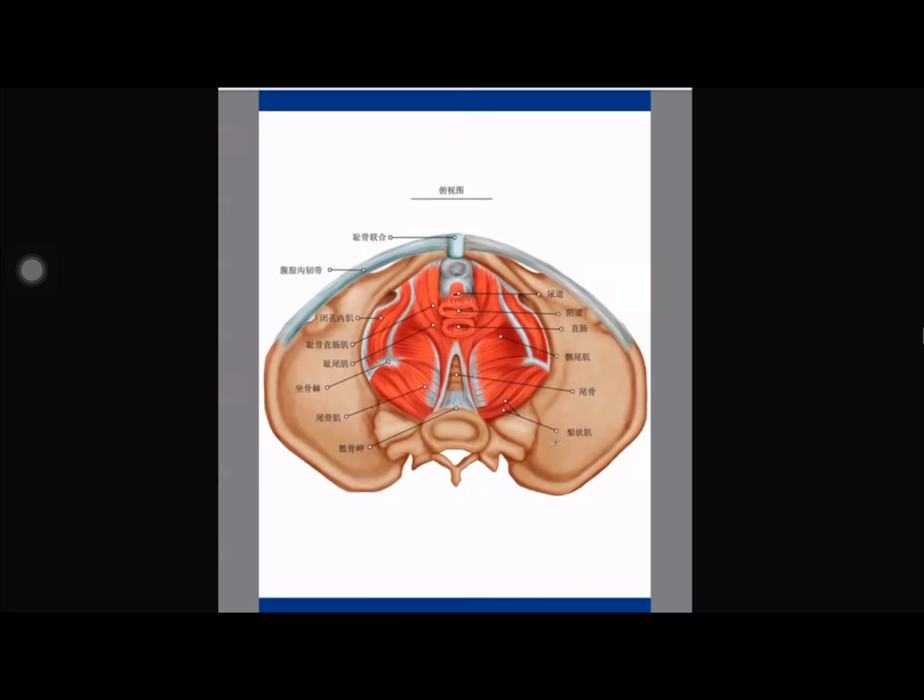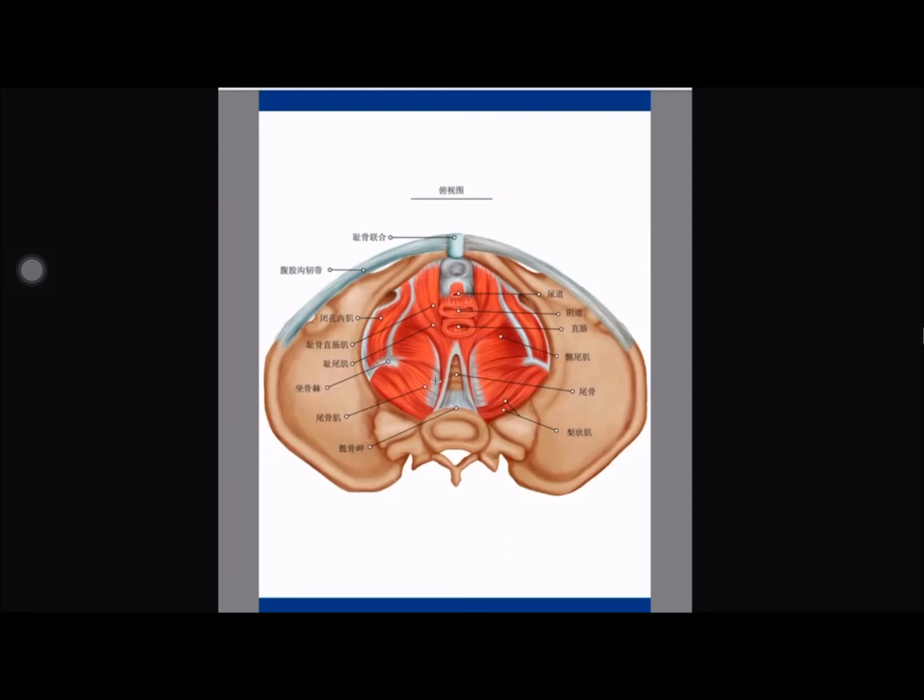These muscles collectively are called the levator muscles, which means lifting muscles.